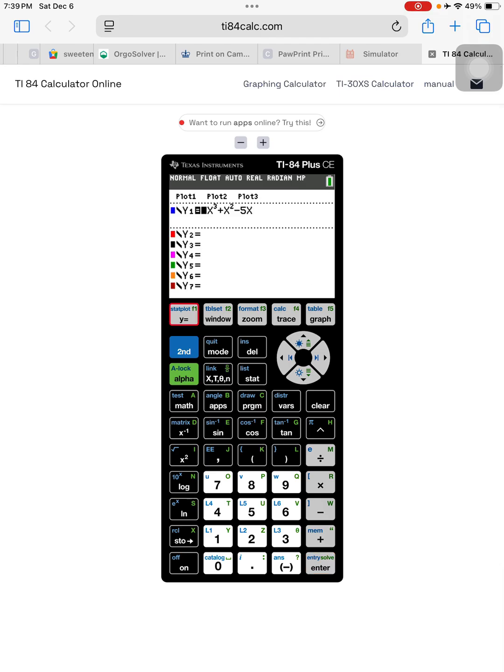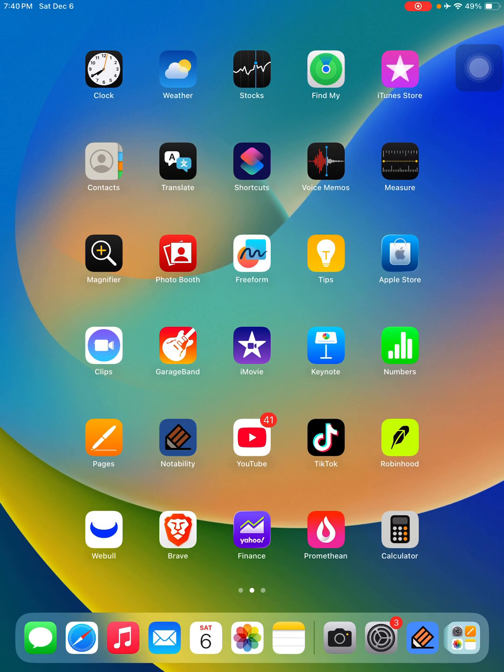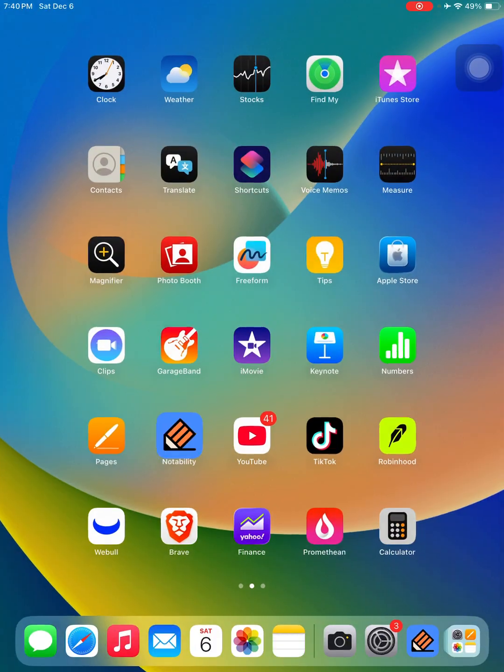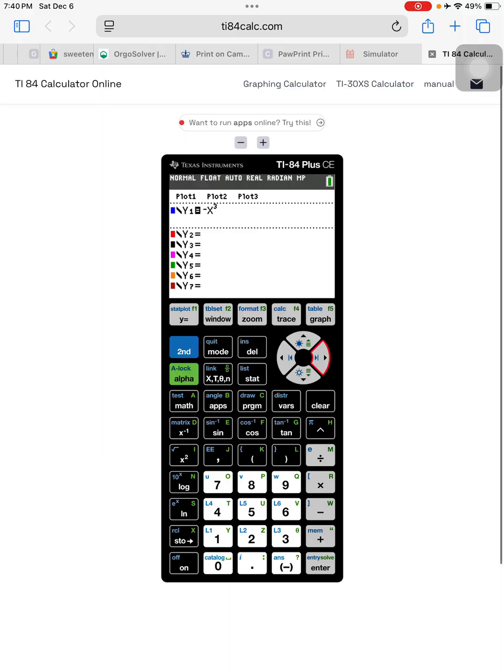Let's go to y equals. Let's clear this. This is going to be minus x to the third power. Is it minus x? Just checking again. Yep. Minus 7x squared plus 36.